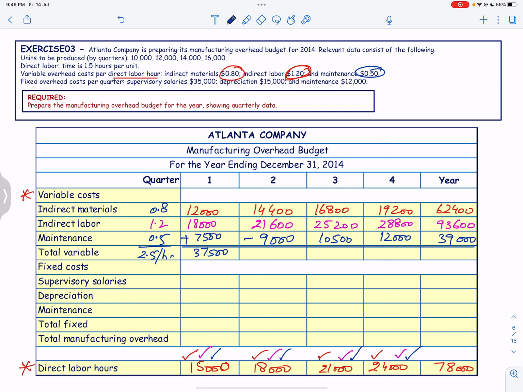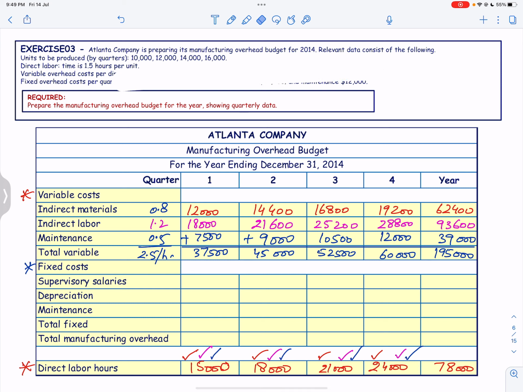This will be 45,000. This will be 52,500, 60,000, and this will be 195,000.